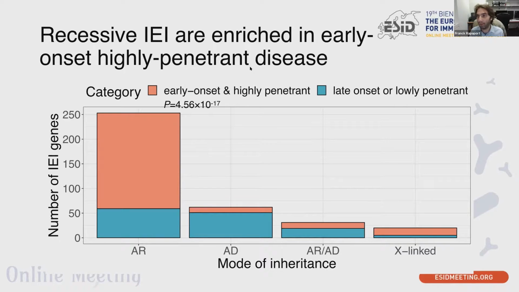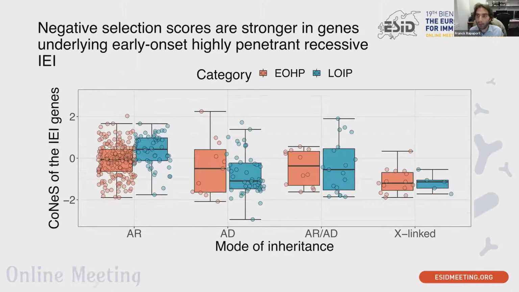And this can be explained by different evolutionary processes, meaning that diseases that are very severe tend to evolve and become recessive with time. But if we look at how that impacts the negative selection, what happens is that the severity, the high loss of fitness associated with the disease, doesn't impact the selection, or we don't see an impact on the selection, for genes that underlie dominant disease, or both recessive and dominant forms of the disease, or even X-linked disease.